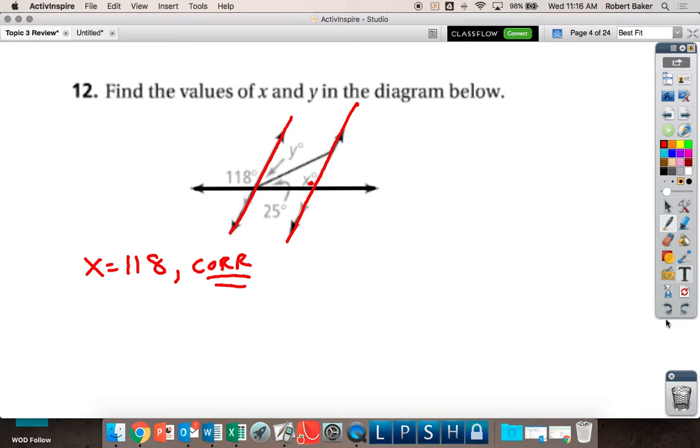So realistically, this angle is y and 25 together, and then you add 118 to equal. If I add this piece and the 118 piece, they form a linear pair, a set of angles that form a line.